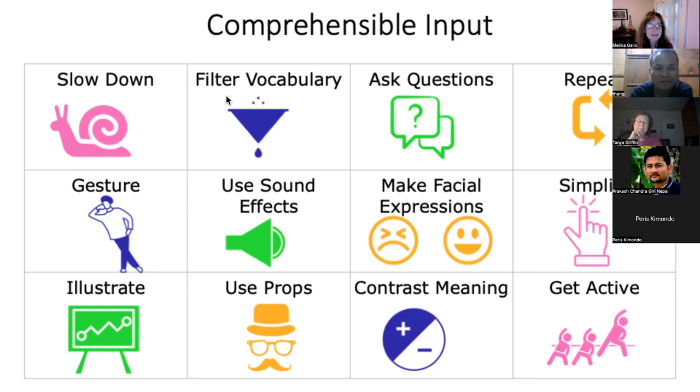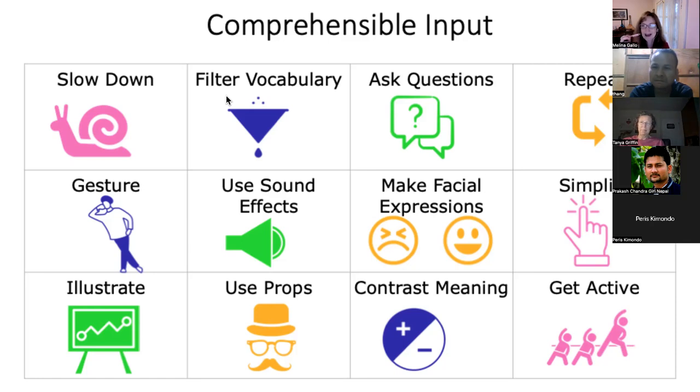So slowing down is our first technique. The second technique is to filter your vocabulary. Don't give your students too many words. For example, if I'm teaching the word pen, many times we will have a tendency to say, today we are going to learn a new word, and the new word is pen.